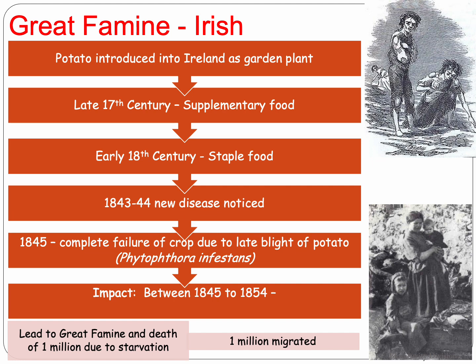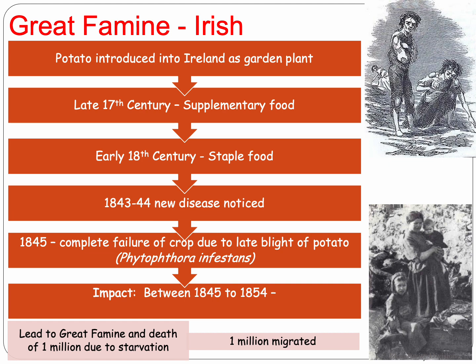During the late 17th century, potato became a supplementary food for the people of Ireland. In the early 18th century, it became a staple food. But during 1843 and 44, in the growing fields of potato, a new disease was noticed.